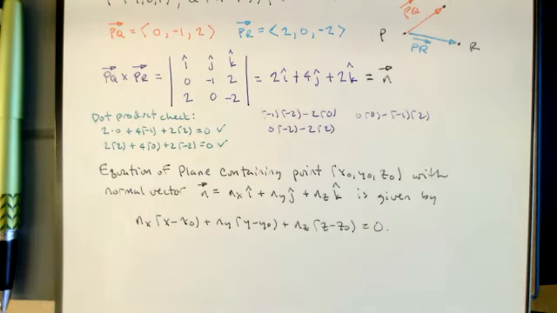But if we want to find the equation for the plane containing the points P, Q, and R that we had before, now that we know the normal vector, we can just put things together into this.